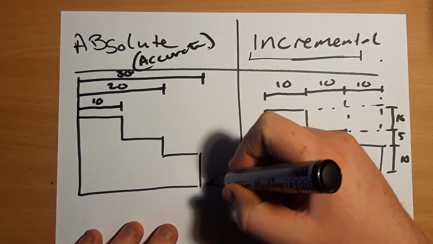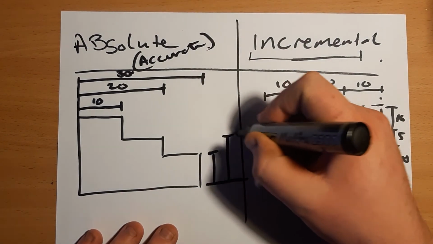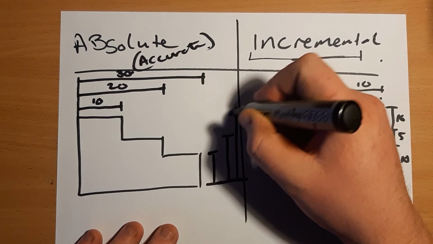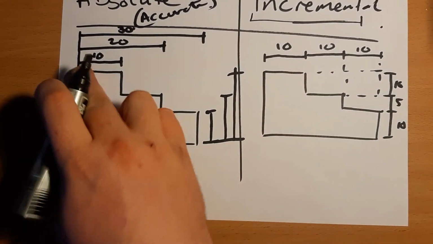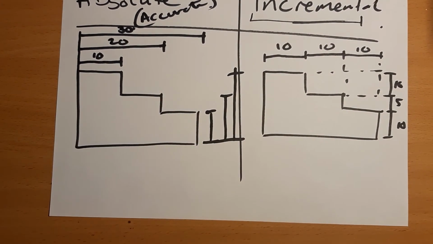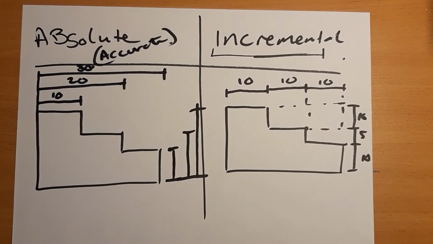And same with this, it goes like that, like that, like that. That's the way absolute works. You're always working from a side, usually left and bottom. Absolute and incremental, that is the difference. Very, very important that you know the difference between the two. It comes up quite a bit.